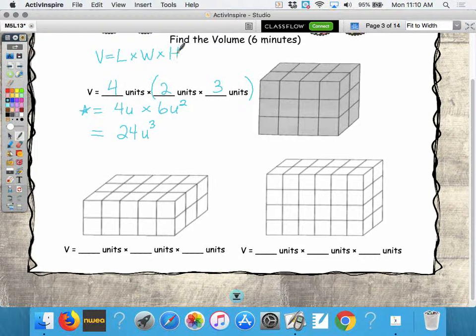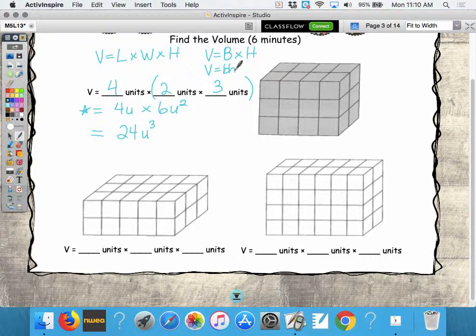Yep. But you could also do volume equals base times height. And sometimes you see it written like that. This is another way you see it written: volume equals BH, and that means base times height, okay?